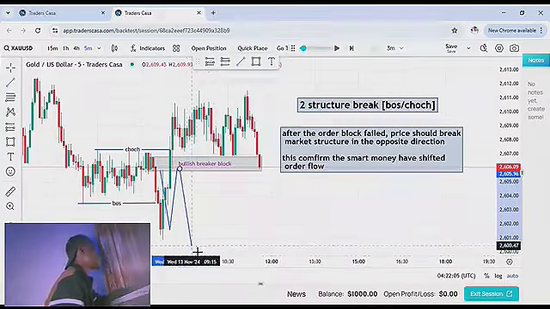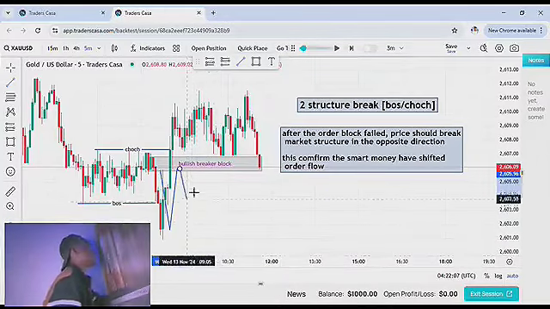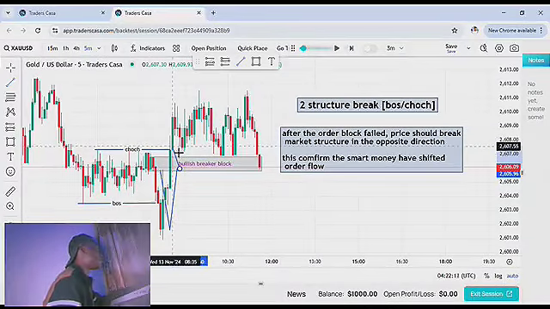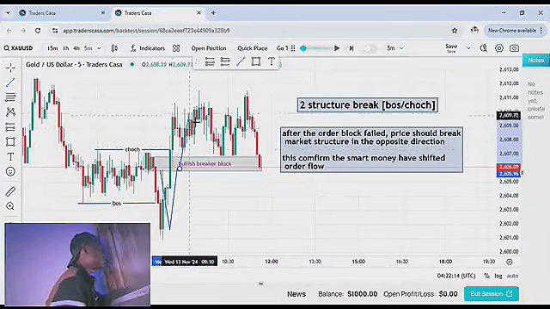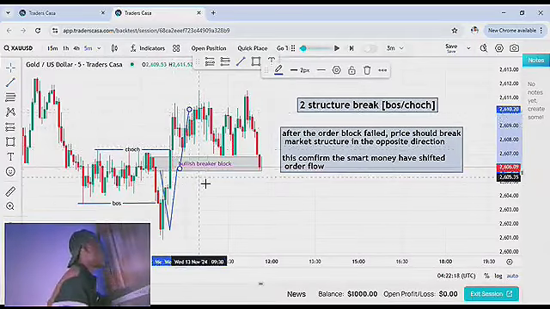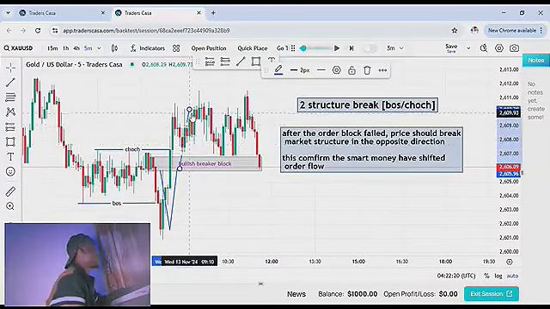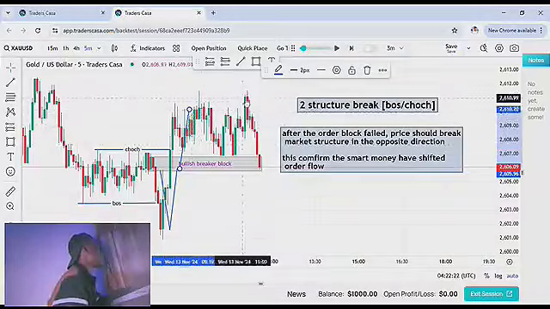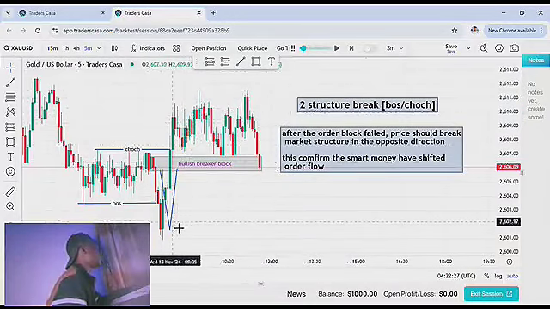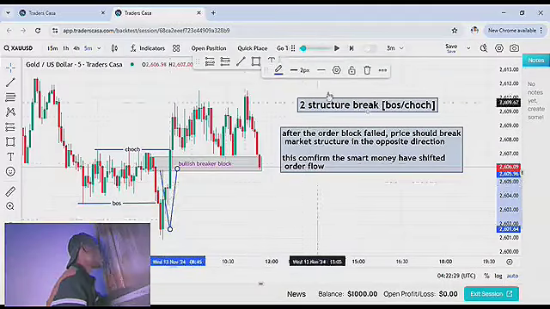But the fact that price broke it completely, even the break of structure right here broke it completely, this would now be our breaker block. You understand? Let me delete it all, so not to confuse you guys. You understand?